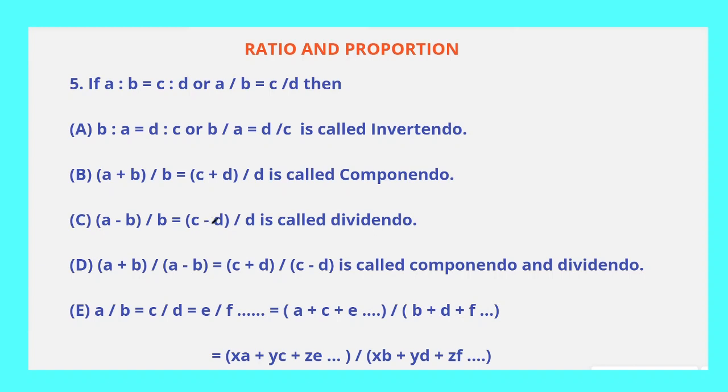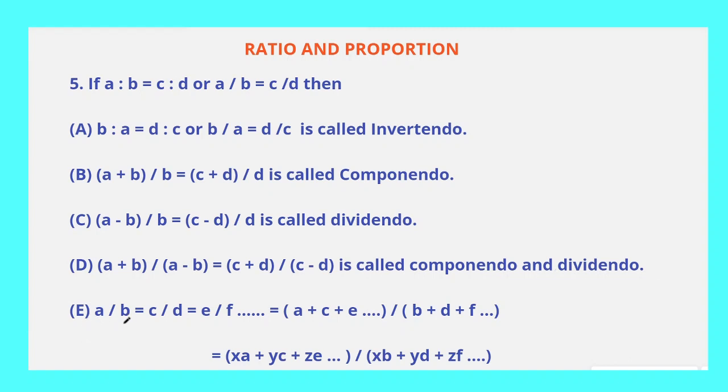And if we divide property B by property C, then we get property D, which is (A plus B) upon (A minus B) equal to (C plus D) upon (C minus D), and this is called componendo and dividendo.